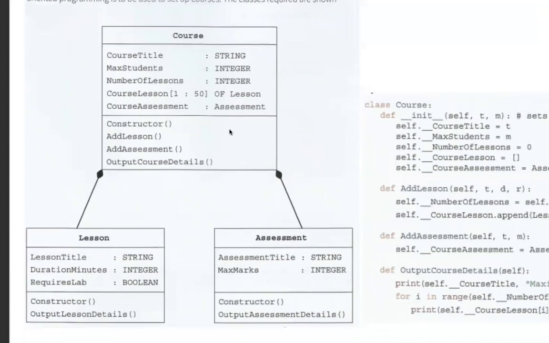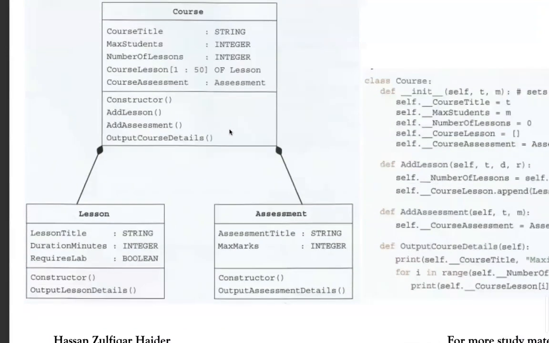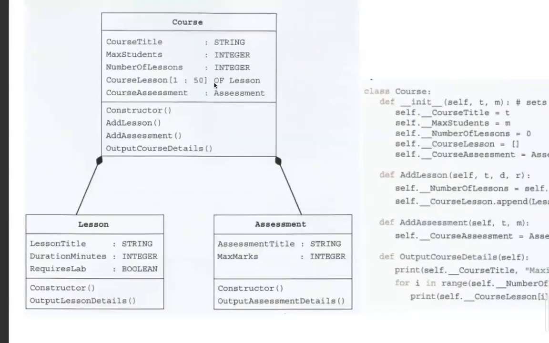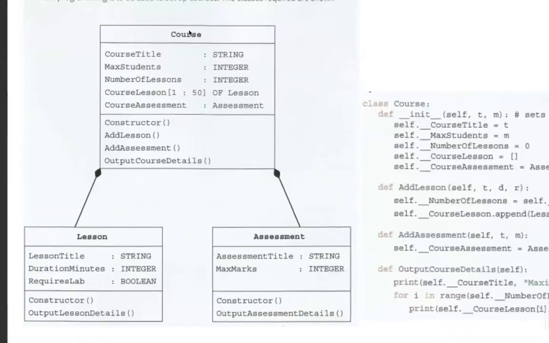If we studied very early on, object-oriented programming is also a type of user-defined data type. So basically what I'm doing here is that in my course definition, I'm actually creating reference to another object. In fact, two objects, two different types of objects, lesson and assessment.